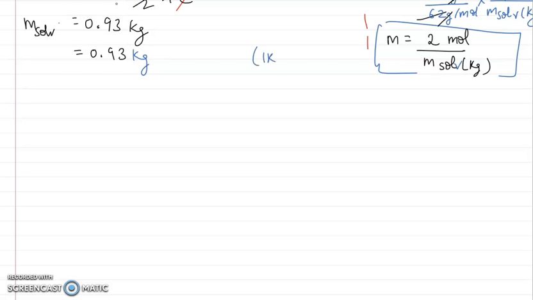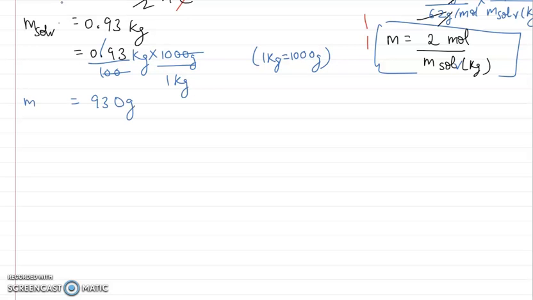So we know that 1 kilogram is equal to 1000 gram, and we need gram in the numerator. So we would multiply here 1000 gram divided by 1 kilogram. The decimal point would move, the two zeros cancel out, and the answer would be 930 gram. Now we know that the mass of solvent is 930 gram.